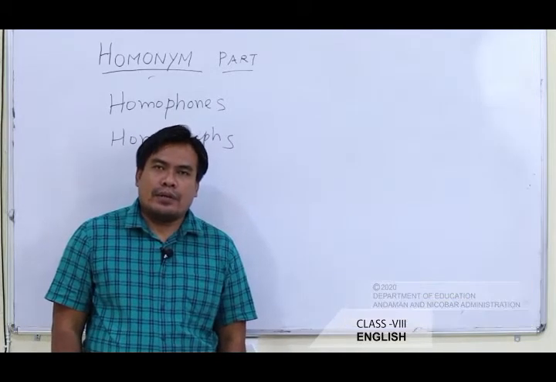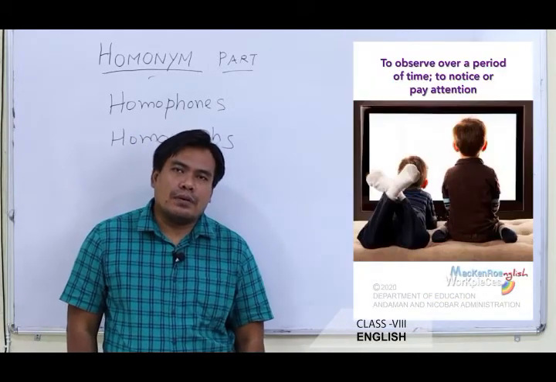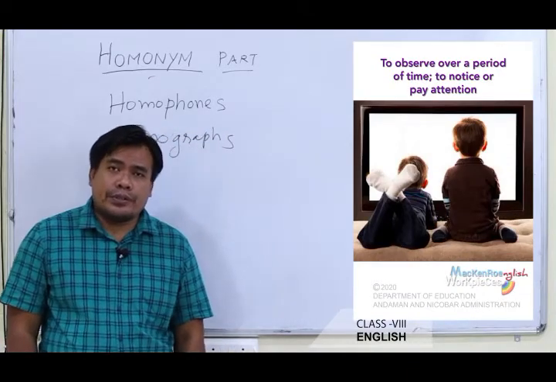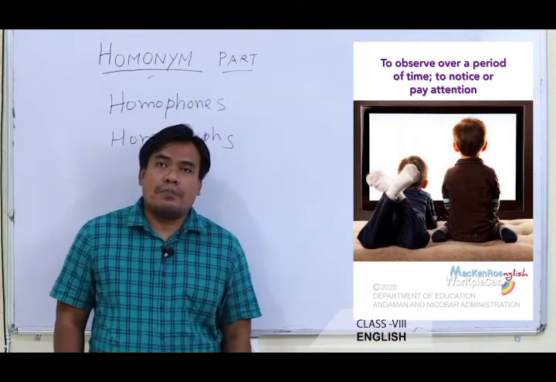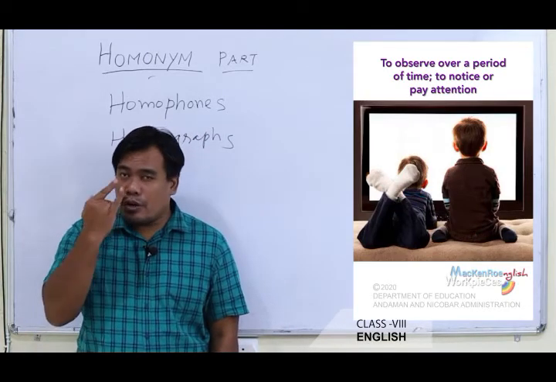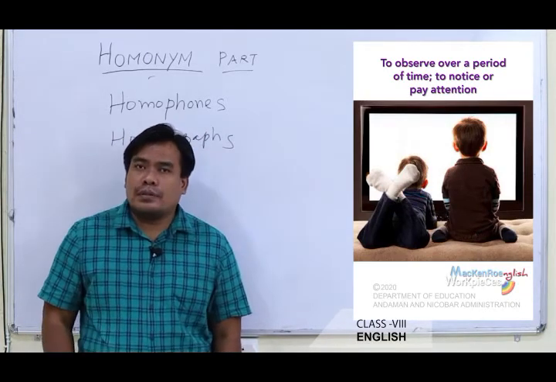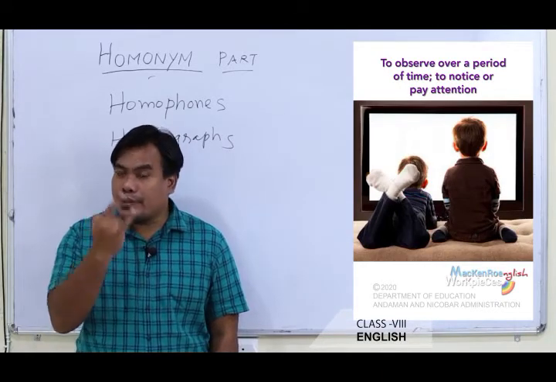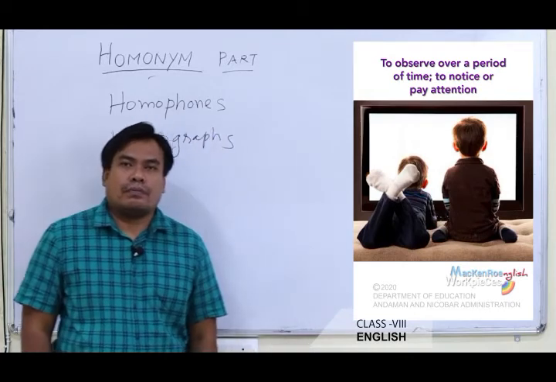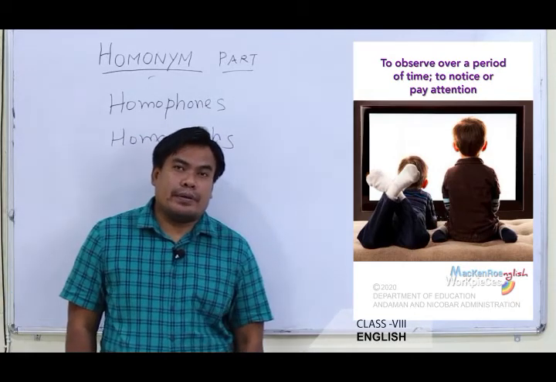The second one, what could be that? What could be the second? Watch. Okay. To observe something over a period of time. When you observe something closely, trying to figure out what is happening and what is not. Watch. That's called watch. I'm watching a movie.